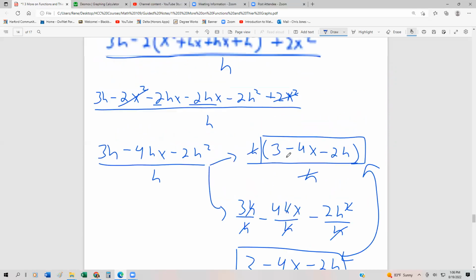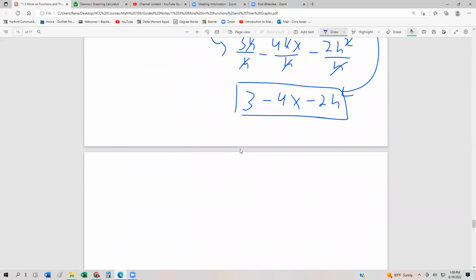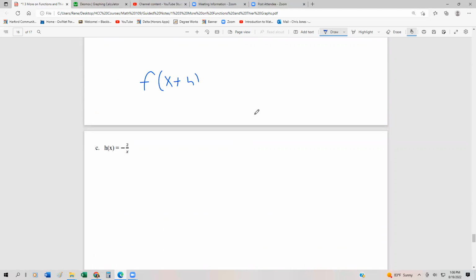All right, so again, that was a little bit tougher than the previous. So lots of algebra going on with this, lots of bookkeeping. A third example, we have this f at x equals negative 2 over x. And so again, remember our difference quotient. I'm going to write it out again so that when we substitute, we remember what this looks like.